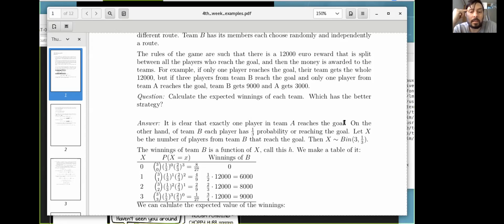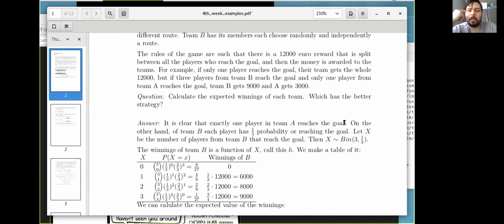The probability that 0 players get there, that's 3 choose 0. There's only one way to choose 0 from 3. 1/3 to the 0, that's 1, times 2/3 to the 3. So that's 8/27. So in 8 cases out of 27, team B gets nothing.